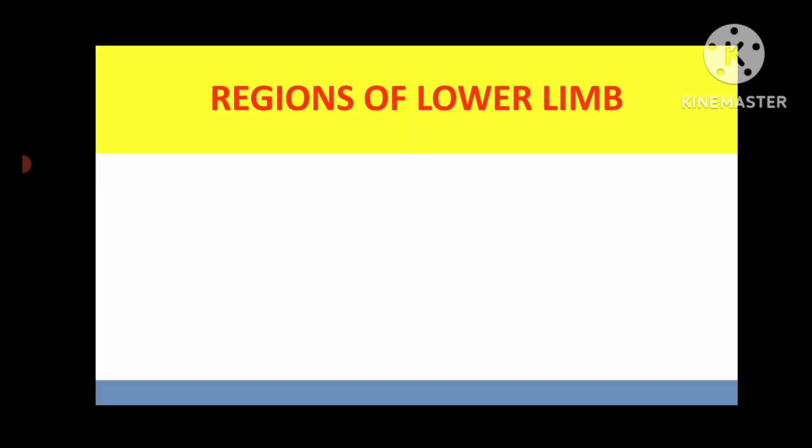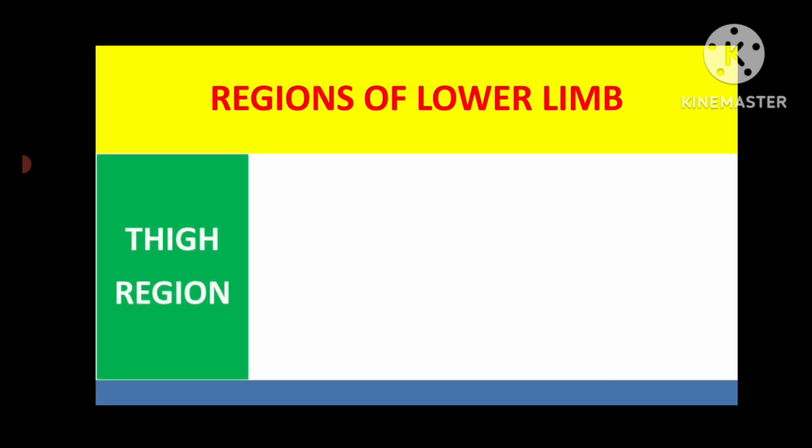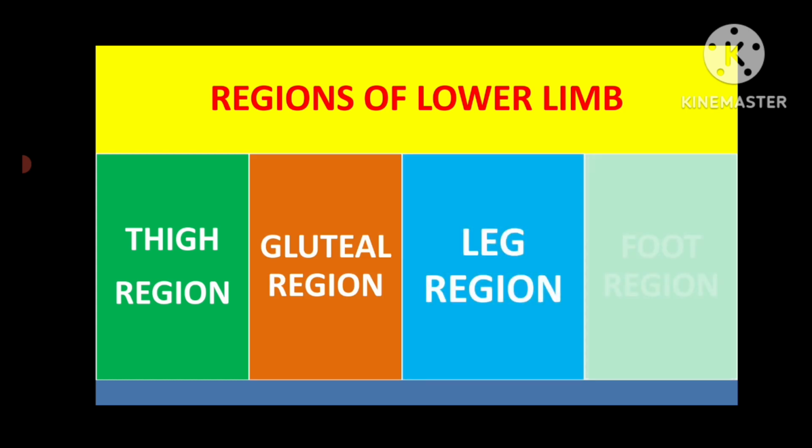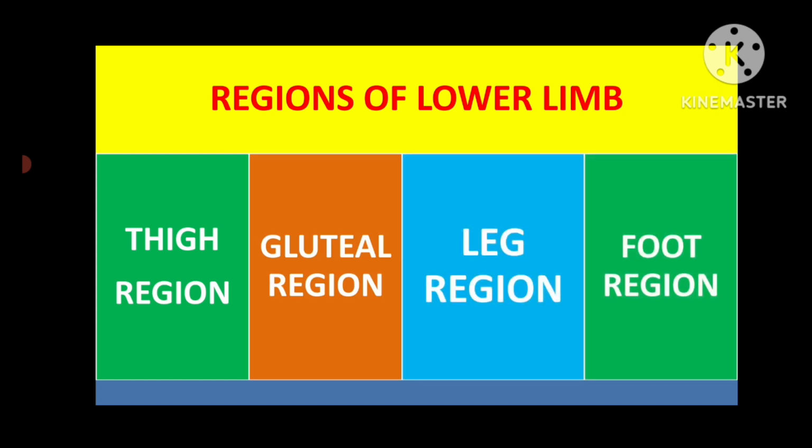For better understanding of total muscles, the lower limb is divided into four regions: thigh region, gluteal region, leg region, and foot region. The lower limb is specialized for support and locomotion.